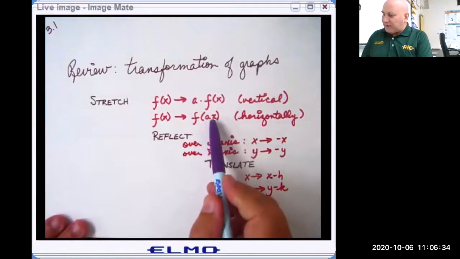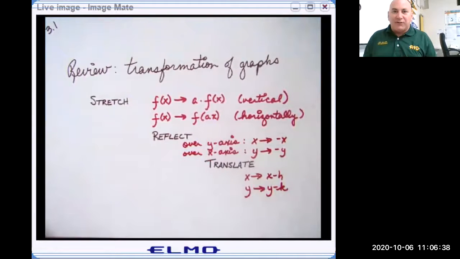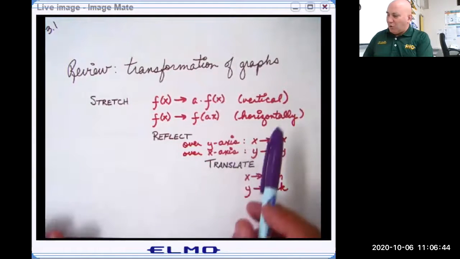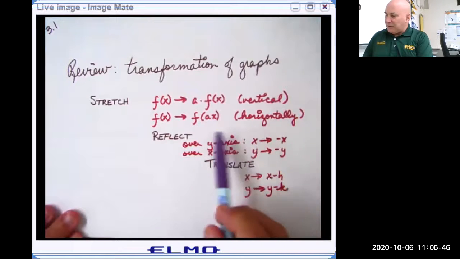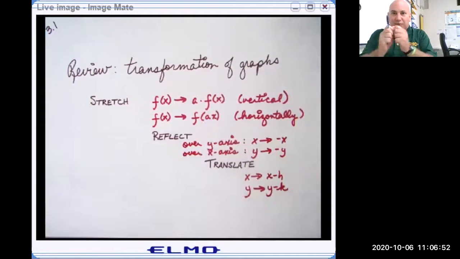If you're going through your x's 4 times as fast, it will take 1/4 as long to get to a specific y value. So what you're actually doing is compressing the graph horizontally. And of course, if a is between 0 and 1, you're going through half as fast, it will stretch it.